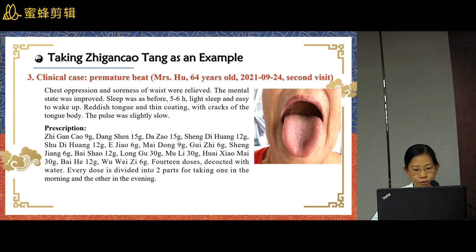Since the tongue manifestation still indicated deficiency, I changed one ingredient of the prescription. 合欢皮 was replaced by 五味子, which can tonify heart, calm the mind, and benefit kidney. The patient lives in another city, so I prescribed 14 doses for her.